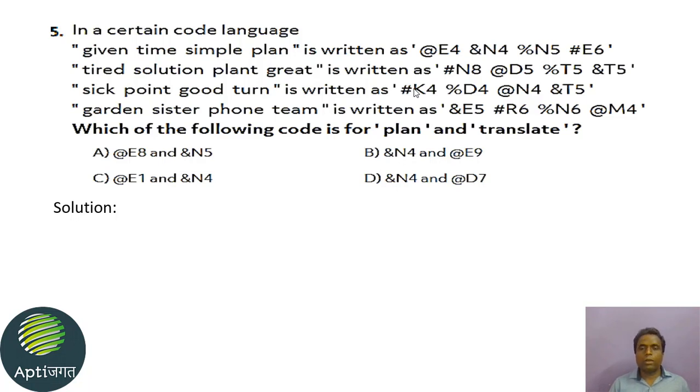In general coding and decoding problems, we find some similar terms. Suppose we have to find the code word of "given", then we will find "given" over here, and check where the other "given" word appears in the other three sentences. If the word appears in, suppose, the third sentence, then we compare these code words, and whichever is common to both will be the code word for that particular term.